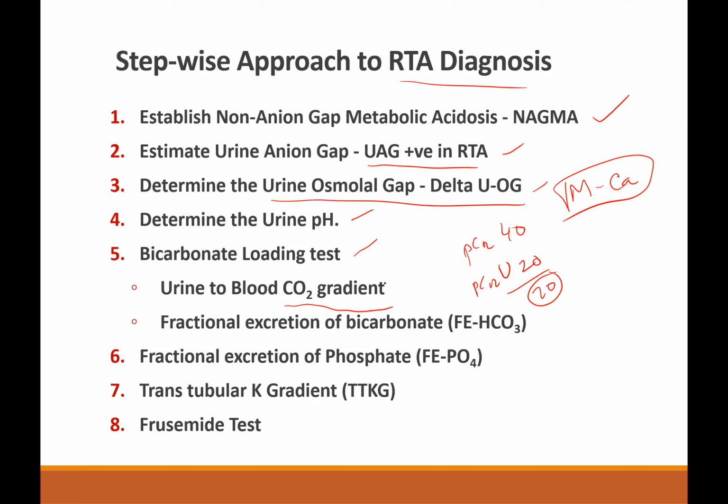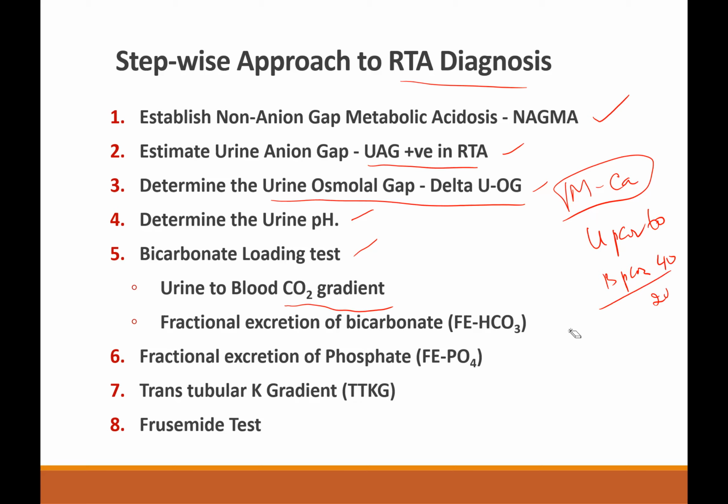So this is what is called the urine to blood gradient. So what you have to do is, urine you have to write on the top. Urine carbon dioxide gradient: blood PCO2 is 40, urine is 60, gradient is 20. Okay, so that is the urine carbon dioxide gradient, and that's how you do that.